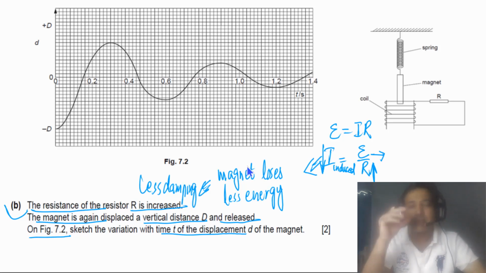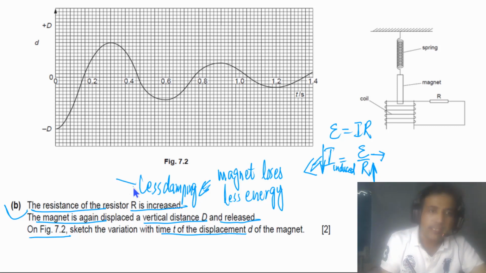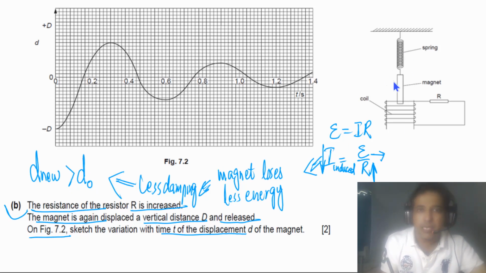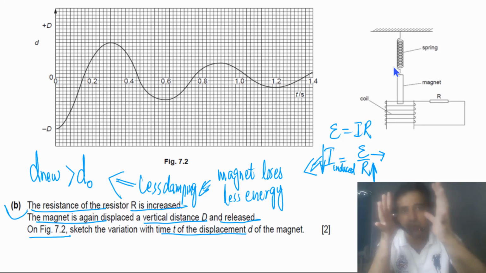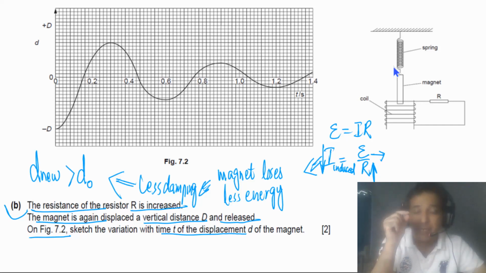Simply we can say less mechanical energy has been converted into electrical energy. So it means less damping. If less damping, it means that d new has to be greater than d old, because the amplitude of this magnet, or simply the displacement of the magnet, will decrease less, because less mechanical energy of the magnet has been converted into electrical energy. As the magnet is losing less energy, it means less damping.